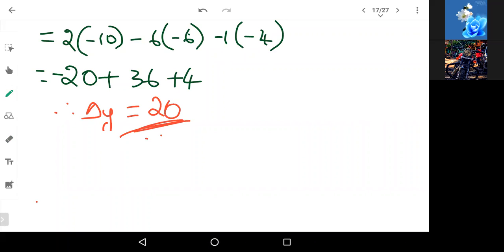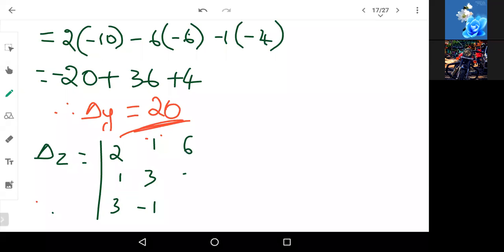Now, quickly find out delta z. Yeah, y is equal to 1, correct. Now, the last column should be replaced with constants. So, delta z is equal to, your first column will remain the same, 2, 1, 3. Second column 1, 3, −1. And the final column 6, 3, 5.